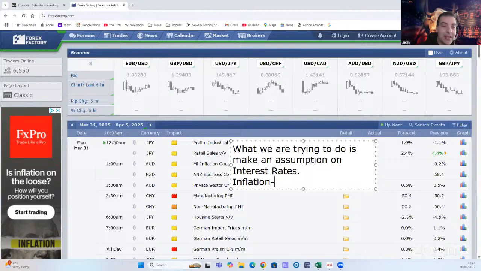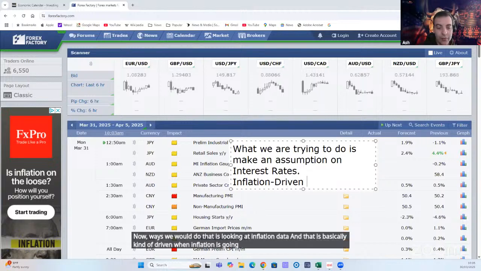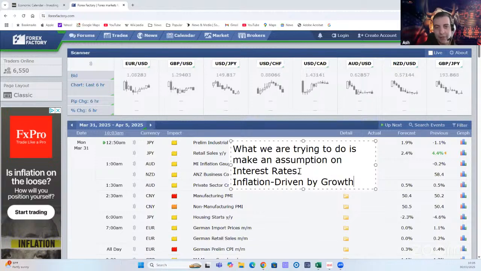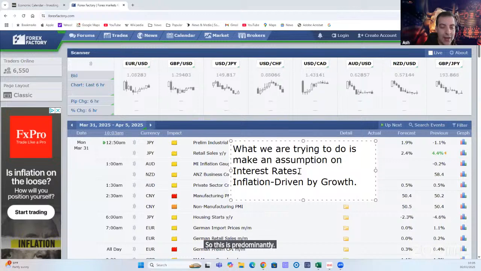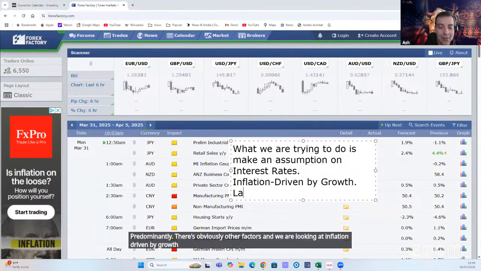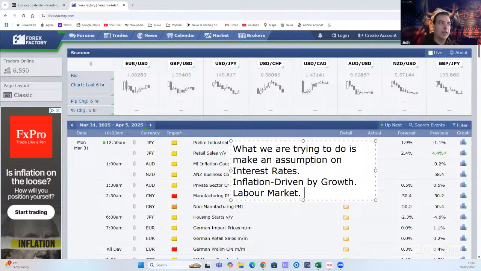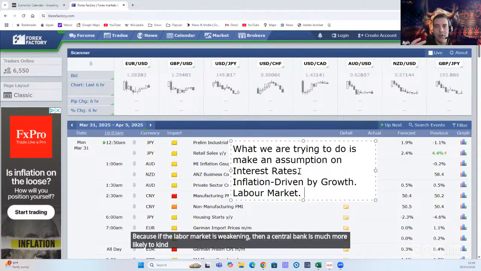Inflation is going to be driven by growth. There are obviously other factors, but we are looking at inflation driven by growth, and we're looking at the labour market. Because if the labour market is weakening, then a central bank is much more likely to adjust their policy, to lower interest rates.